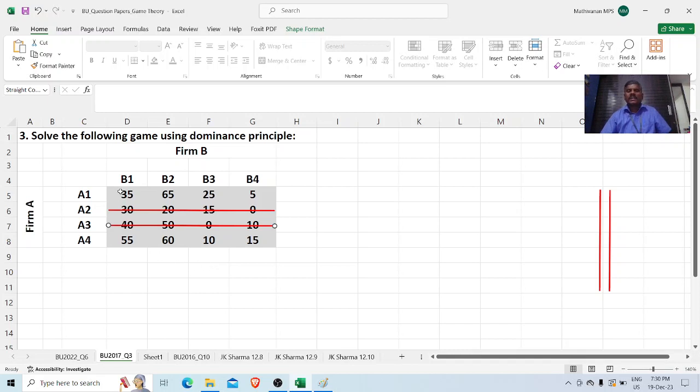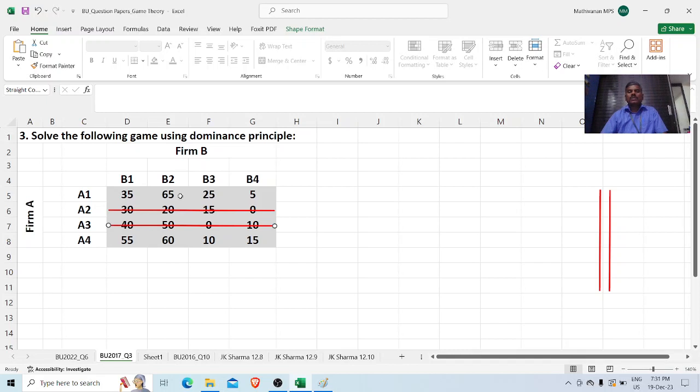So in this case, this 35 is gain for firm A and loss for firm B. So using strategy B1, when firm A is using the strategy A1, firm B will lose 35 points. When firm A uses the fourth strategy, firm B will lose 55 points. Now we will compare the B1 strategy with the B2 strategy.